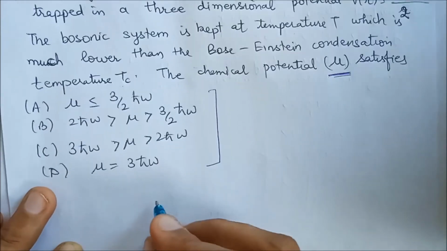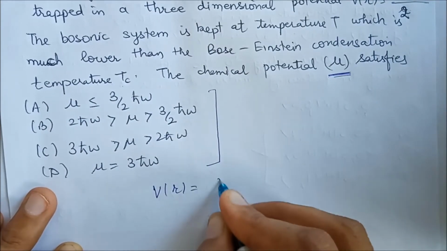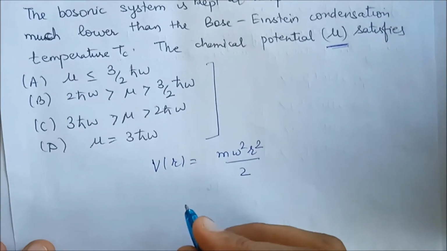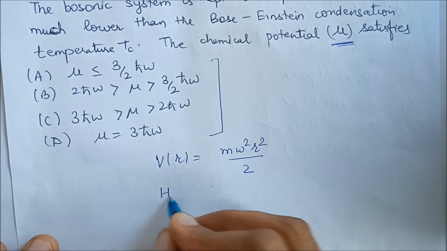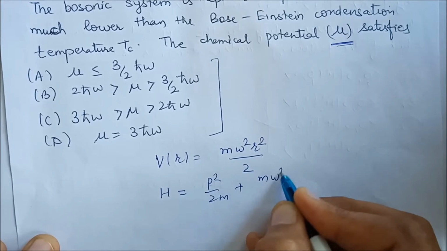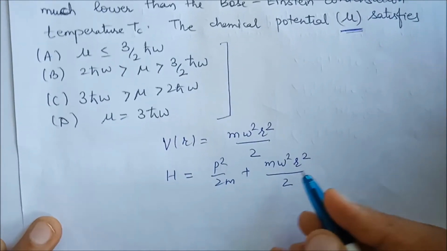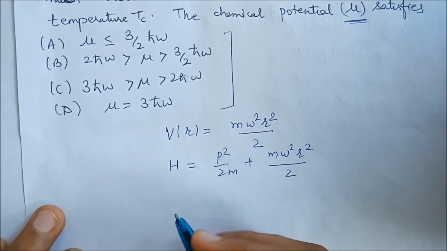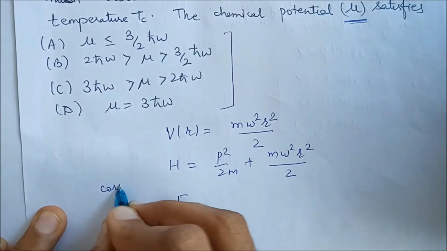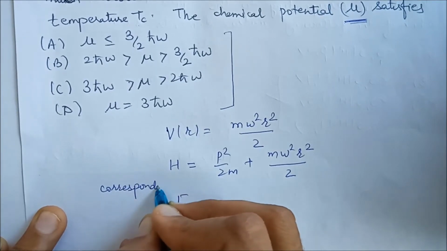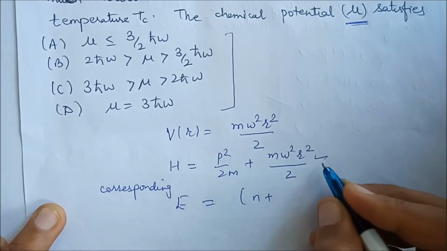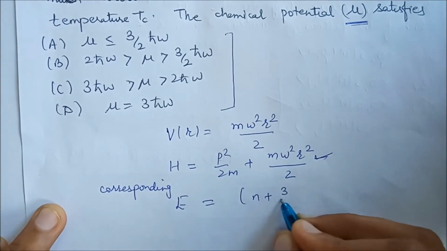So here we are given an isotropic potential m omega square r square by 2. Then we can write the Hamiltonian, and if we can write the Hamiltonian, then the corresponding energy states for this Hamiltonian are given by, this is a three-dimensional harmonic oscillator.